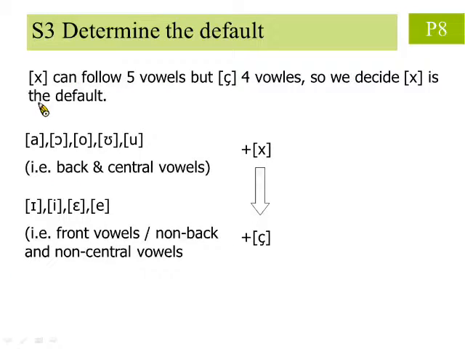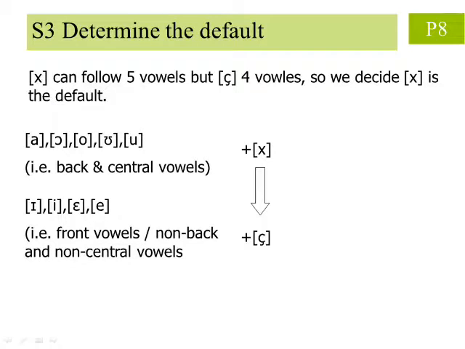In step 3, we determine which sound is the default. As we previously discussed, h can follow after 5 different vowels, but sh can only follow after 4 different vowels. Because the sound h appears in a greater number of sound environments, we will treat it as the default.